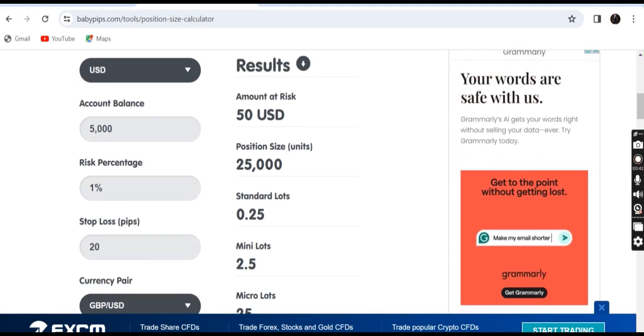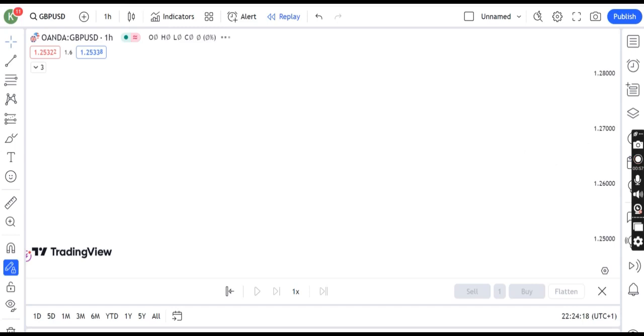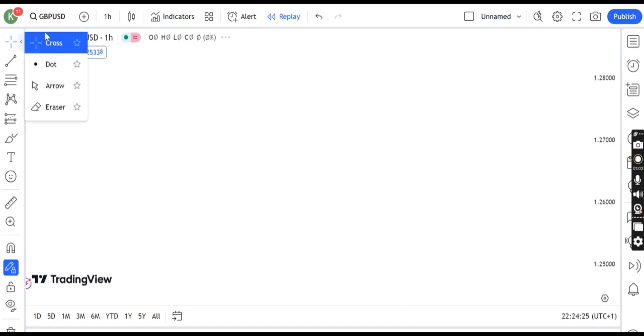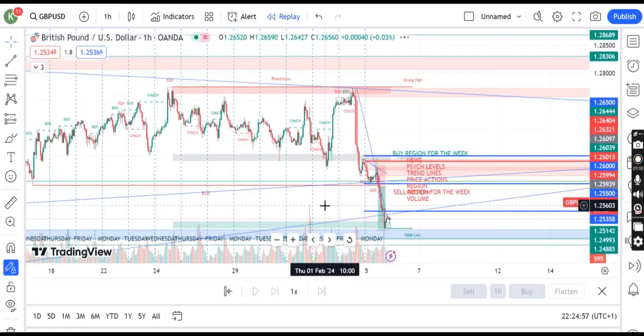I would be using the position website to show you a few things, and also be using the TradingView chart to show you some things on the chart. Okay, so I just want to wait for the chart to come up. Alright, so the chart is up now.